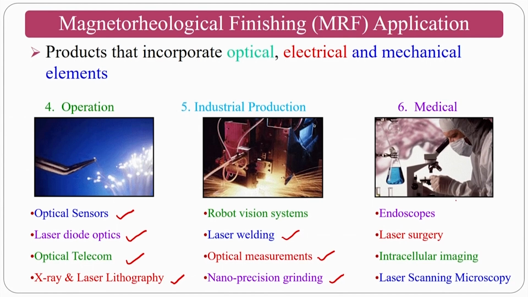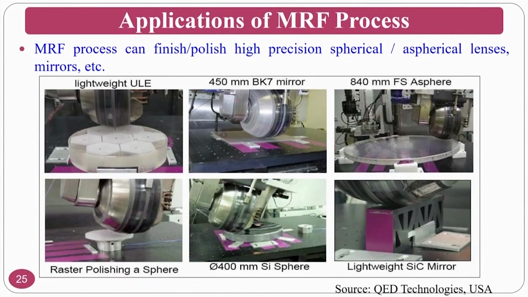And in the medical field, like endoscopes, laser surgery, intracellular imaging, laser scanning microscopy, there are many applications. Okay, so the MR finishing process is used for many types of lens finishing applications. As you can see, very small lenses to big lenses are finished using the MR finishing process.